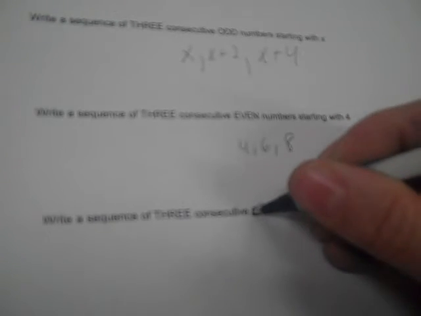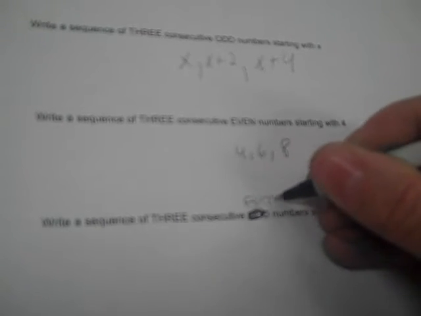Write a sequence of 3 consecutive even numbers starting with 4. 4, 6, 8, evens. That should say even. Starting with X. So X. How many units ahead of 4 is 6?